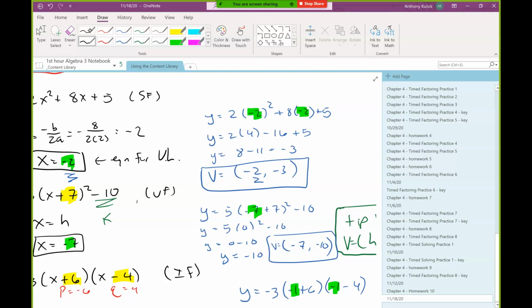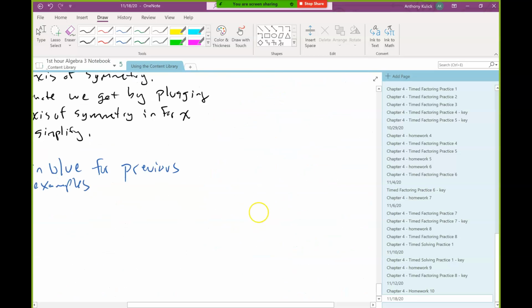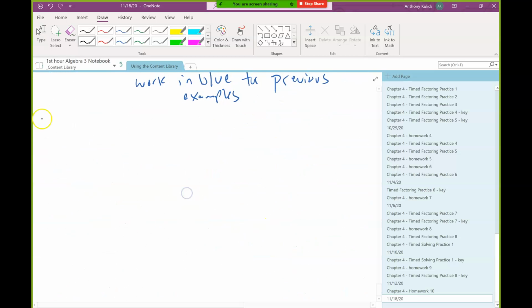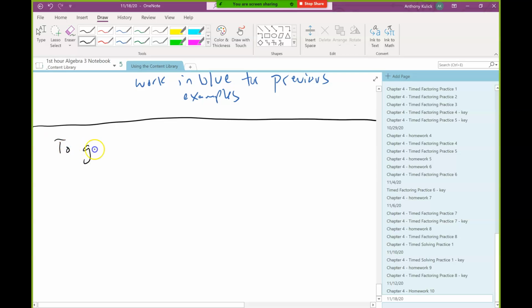Okay, good. So that was actually the hard part. That stuff is more difficult than the actual graphing piece. So to graph, what we need is the vertex, and then 2 points on each side of the vertex.